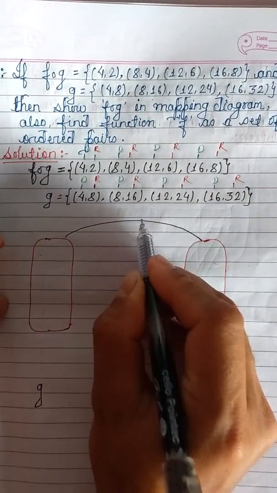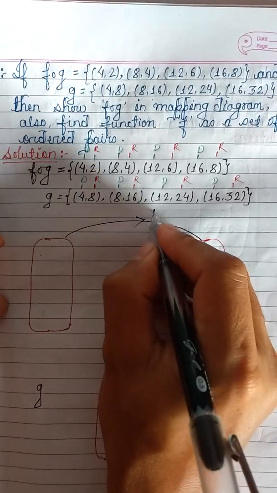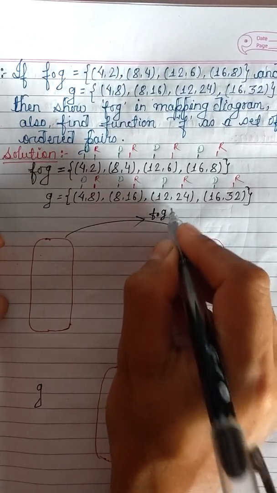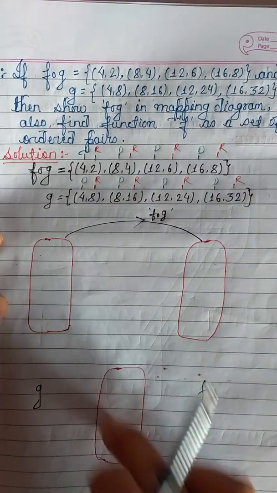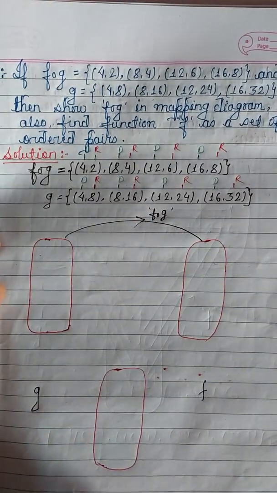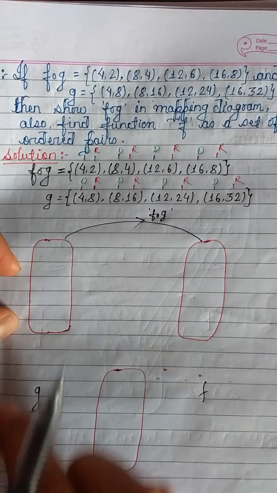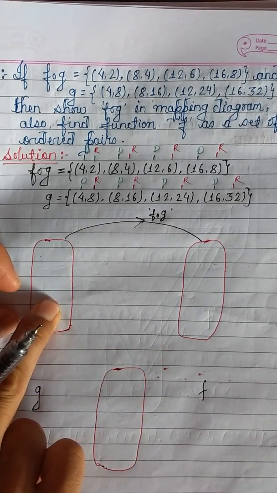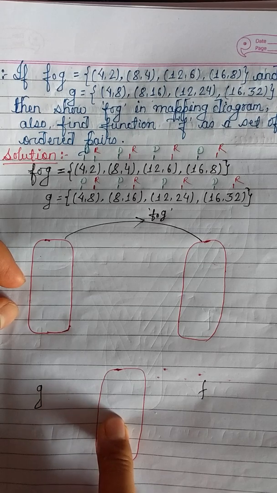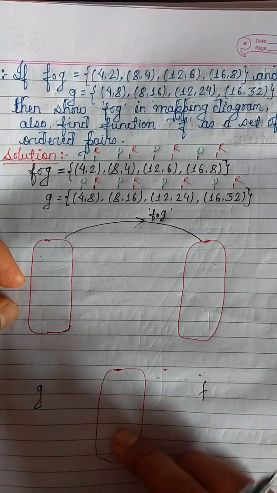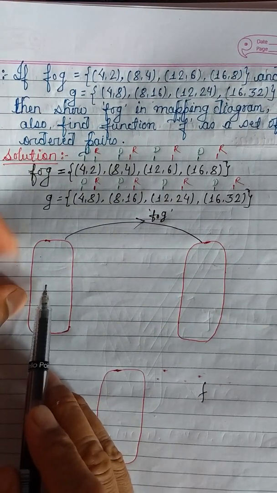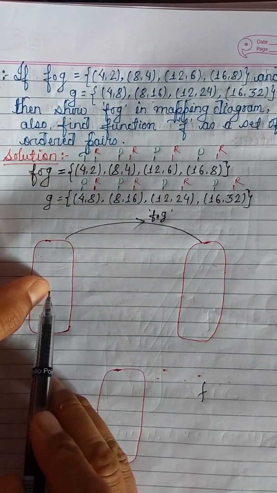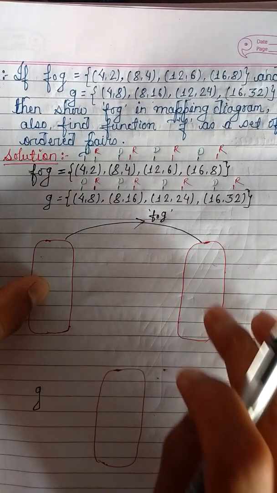This is the composite function f of g. The one that takes the input comes first here, and then goes from here to here. So we have to fill the domain of g in this part, and the range of g here, the domain of f here, and the range of f here. The domain of the composite function f of g will be filled in this part, and its range here.